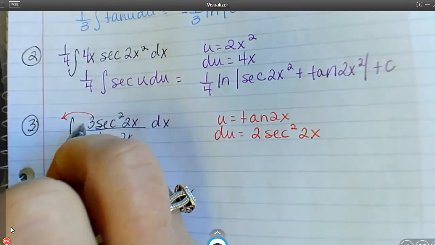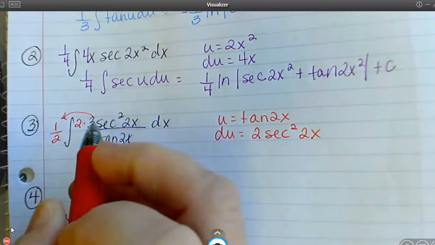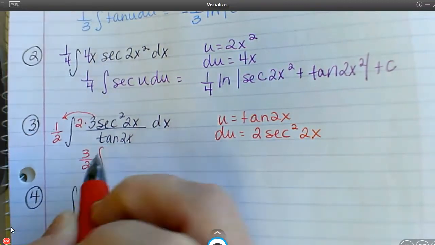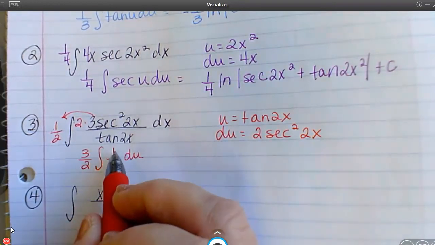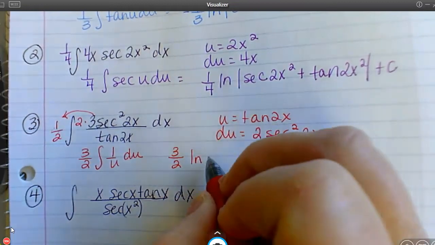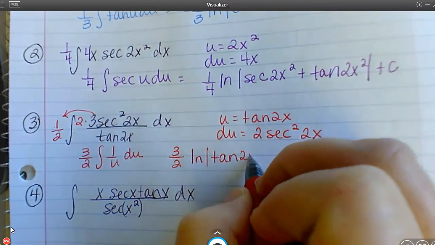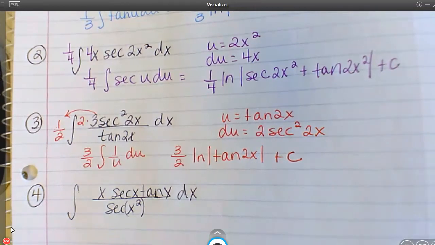I'm going to take that 3 out, put the 2 in, and also put a 1/2 out. So really we have a 3/2 out here, integral 1 over u, which we know the antiderivative of 1 over u is natural log, so 3/2 natural log of u, or tangent of 2x. So the rules are just the same as everything that we've been doing, just in a different format.